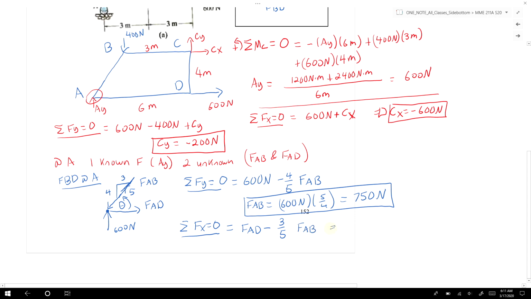If we rearrange that, we get FAD is equal to 3/5 times FAB, which is 3/5 times 750 newtons, or FAD is equal to 450 newtons. Right. So we can continue on to a free body diagram at point D now.